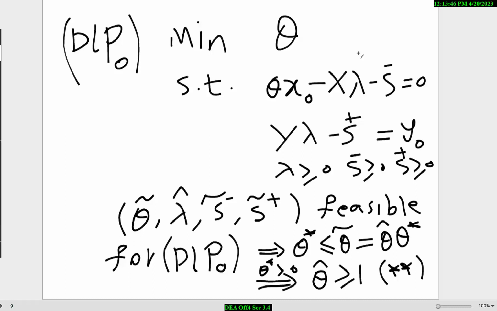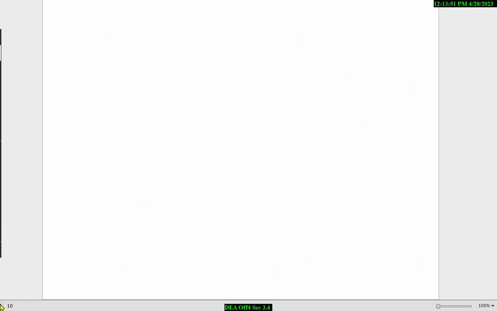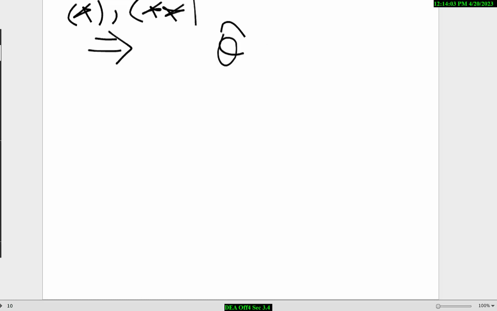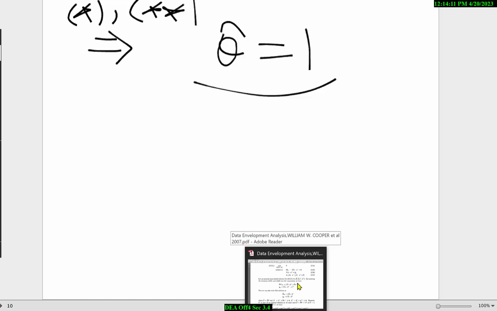Indeed from a star and b star, we have theta hat equals 1. This is the first condition of the CCR efficiency.